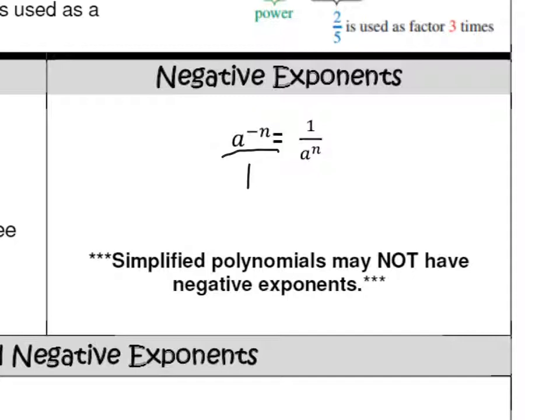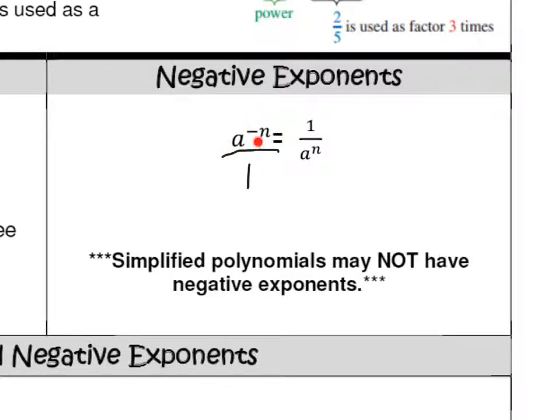The way to deal with negative exponents is you have to move them. If they are sitting on the top and they're negative, you move them to the bottom. If they're sitting on the bottom and they're negative, you move it to the top. So what we have right here is a to the negative n. Right now it's on the top line.